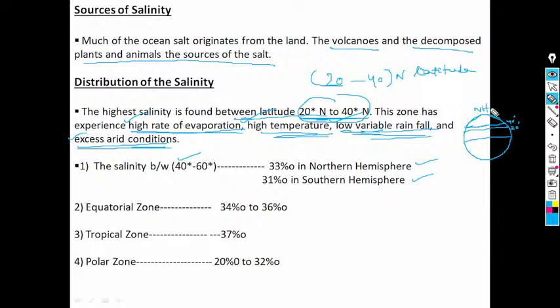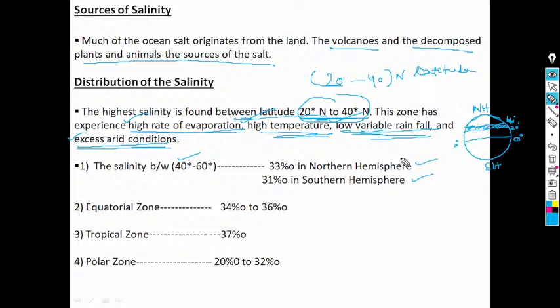This is the northern hemisphere, this is the southern hemisphere, and this is the equator. Here you will see higher salinity.